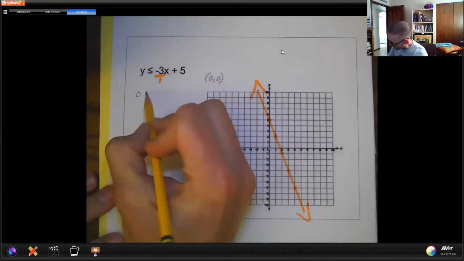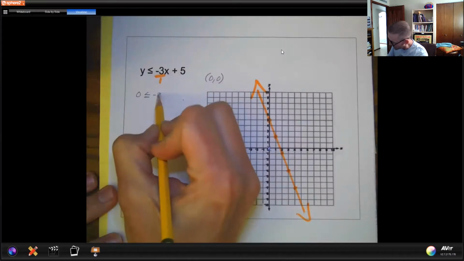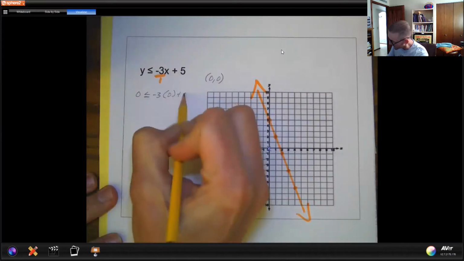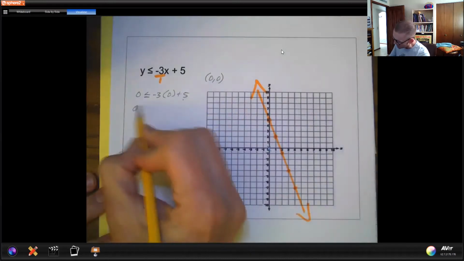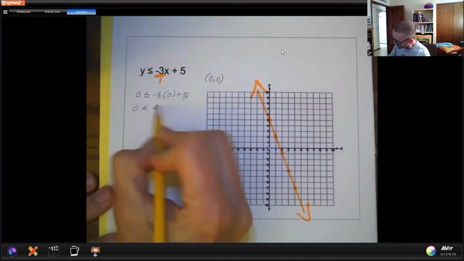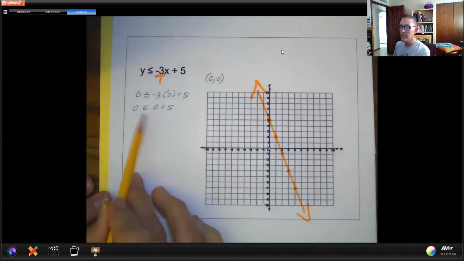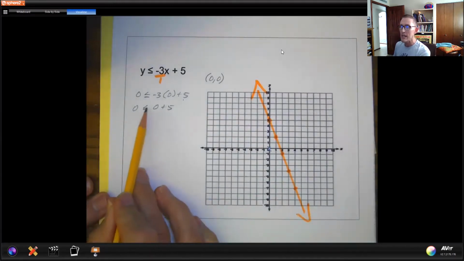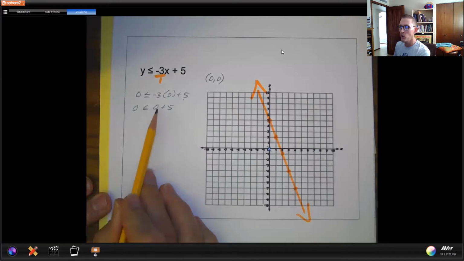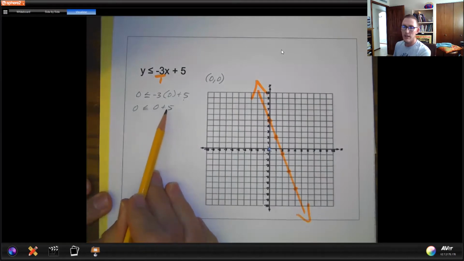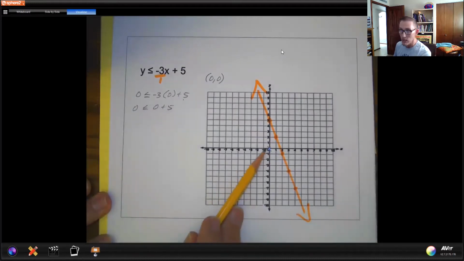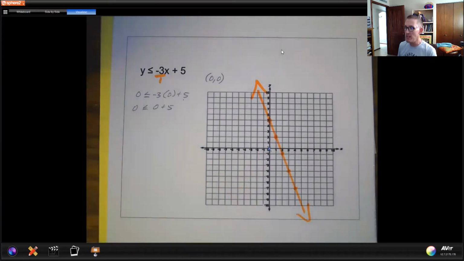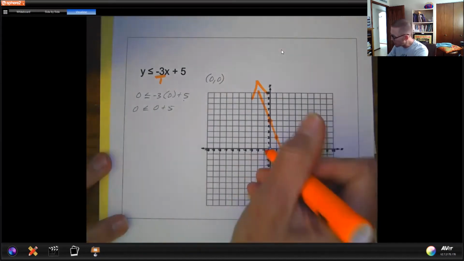So this is going to say 0 is less than or equal to negative 3 times 0 plus 5. So I plugged in the 0 for the x and the y. 0 is less than or equal to 0 plus 5. Is 0 less than or equal to 0 plus 5? And the answer is yes. That means this point worked. That means I have to shade the side of this line that includes that point.